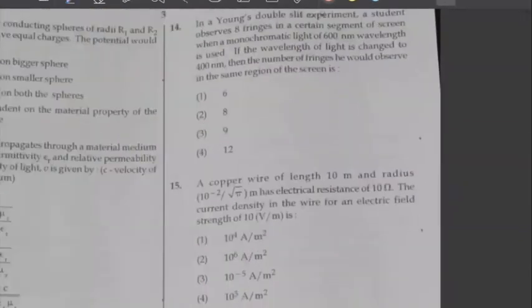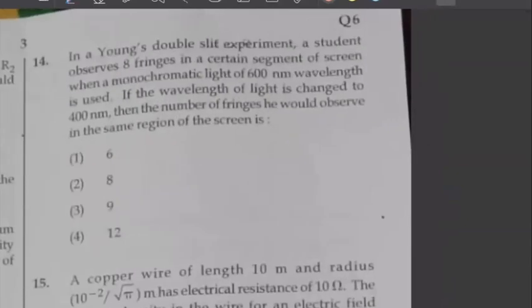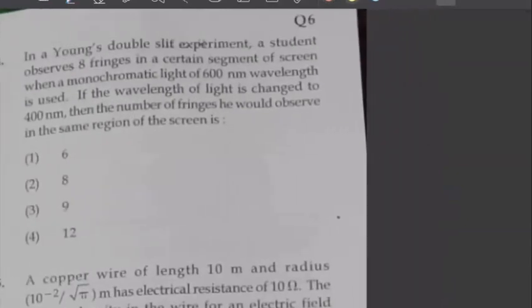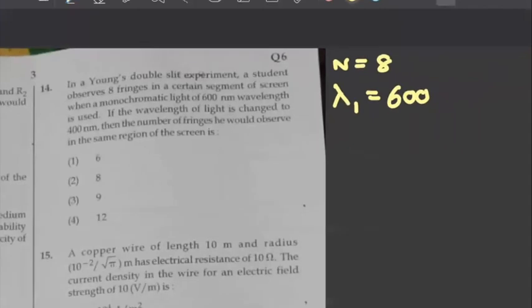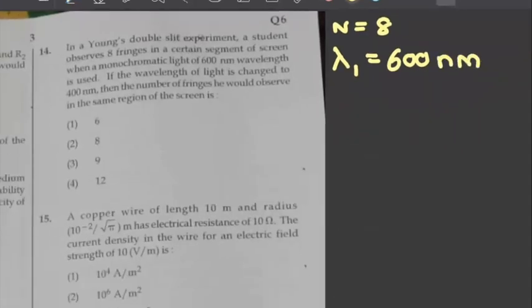The next one, they're talking about YDSE. In YDSE, a student observes 8 fringes in a certain segment of the screen when the monochromatic light is 600 nanometers. So let's call the number of fringes N1, which is 8.